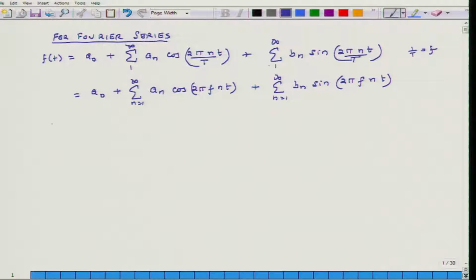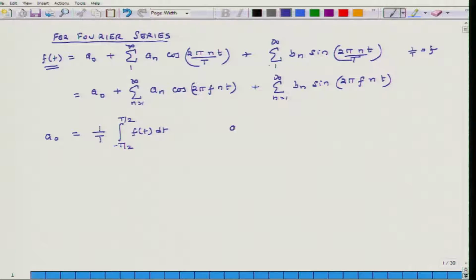So, what are these values? If we know f(t), then a 0 equals 1 over T, integral from minus T over 2 to T over 2 of f(t) dt.